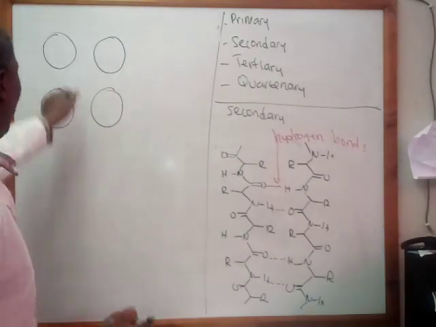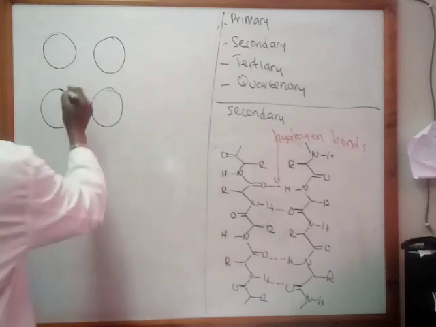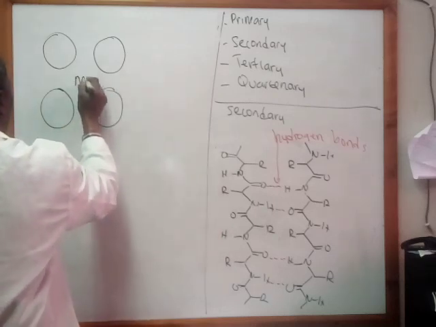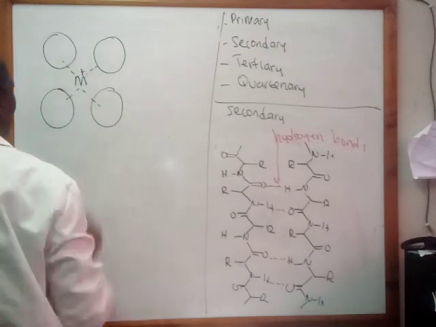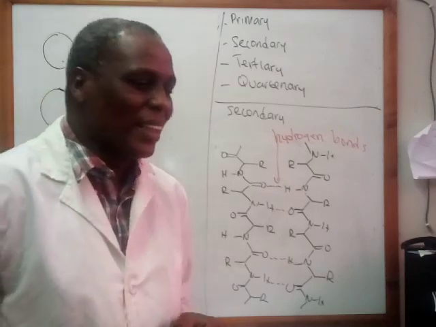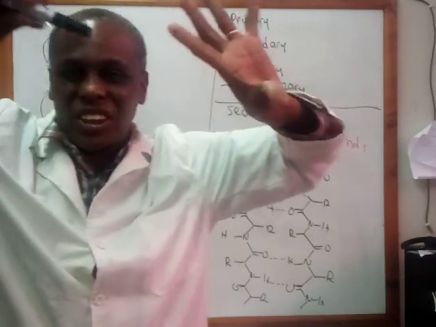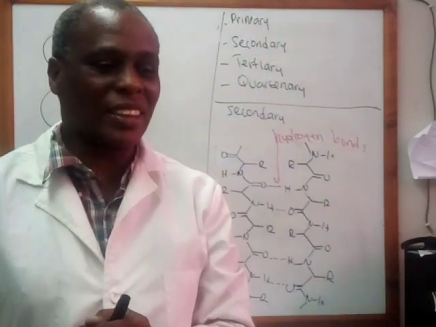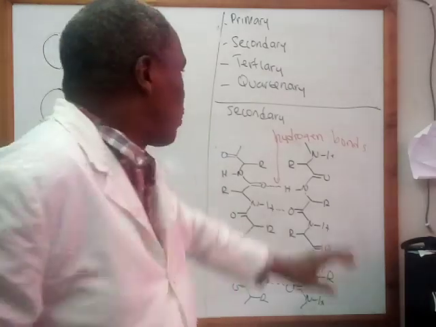And then these are linked together by a metal ion at the center, maybe I put M plus. So they are joined together through intermolecular forces. This metal cation links together a number of tertiary units of the protein to make up something called the quaternary structure.